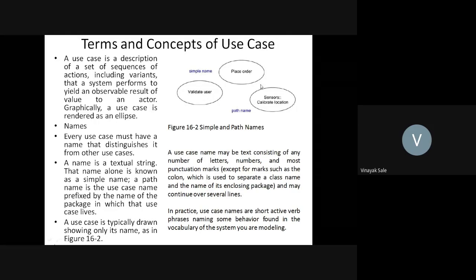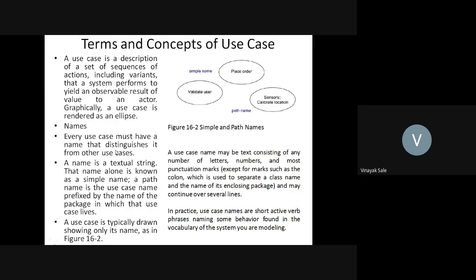This is a path name. A path name includes the scope resolution operator, for example sensors, scope resolution operator, calibrate location. So in a path name there is a scope resolution operator, whereas in a simple name there is no other operator.